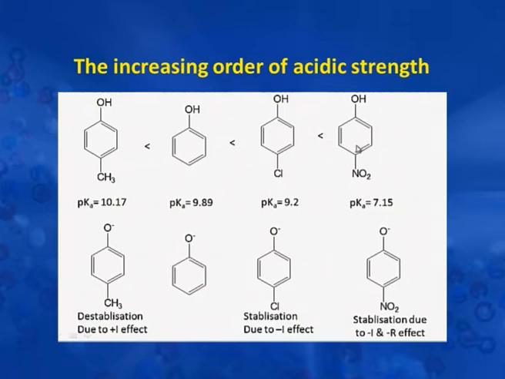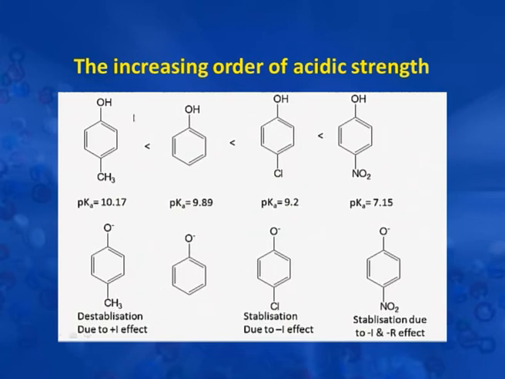For the comparison of these 4 compounds, first of all we will convert them into their respective phenoxide ions, as we have shown here. The phenoxide generated from para-nitrophenol will be additionally stabilized because of the minus I and minus R effects, whereas in the case of para-chlorophenol it will be stabilized due to the minus I effect, and in para-methyl phenol the phenoxide ion will be destabilized because of the plus I effect of the methyl group.